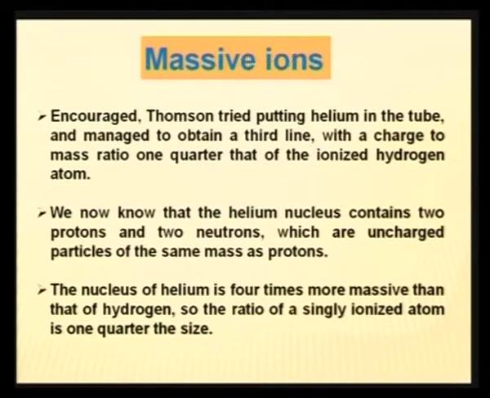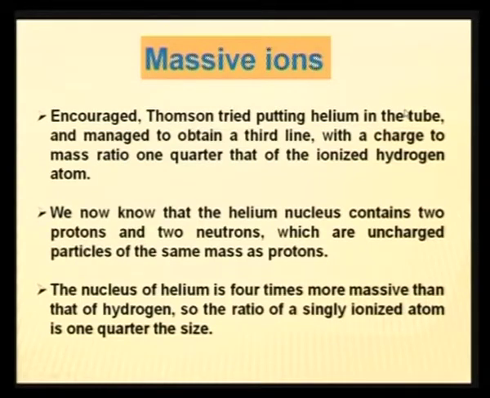Every line corresponds to a particular mass, with a charge equal to 1/4 that of the ionized hydrogen atom, because helium contains 2 protons and 2 neutrons, as we know now, and the mass of the proton is almost equal to the mass of the neutron. So the mass of the hydrogen atom, or the mass of the proton, will be 1/4 the mass of the nucleus of the helium atom.